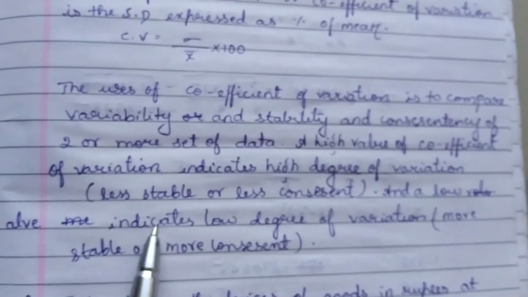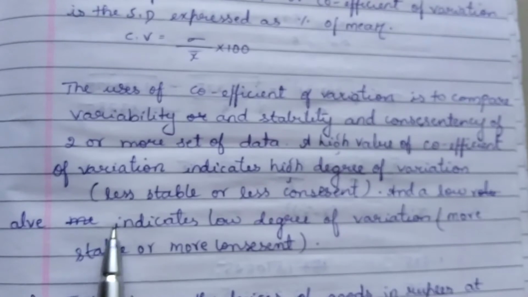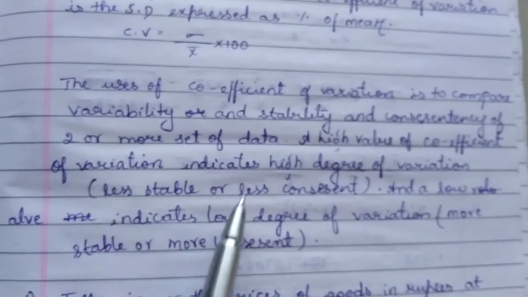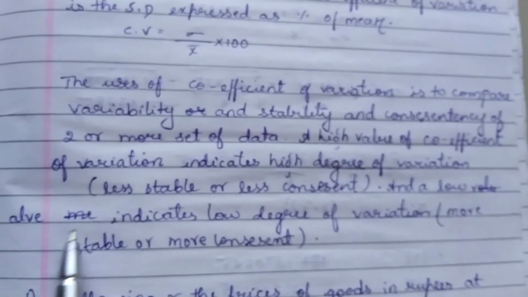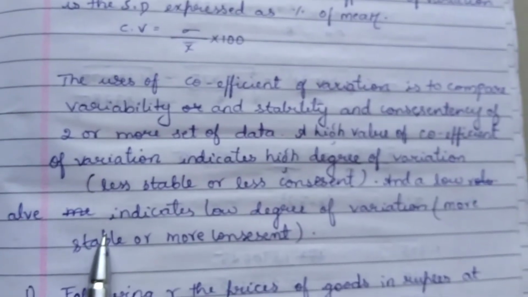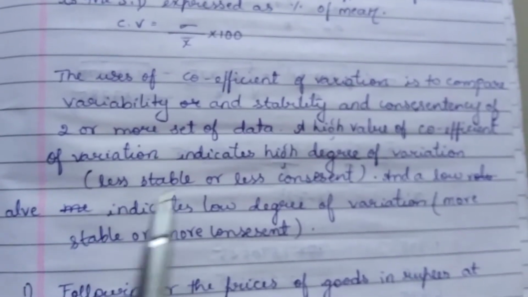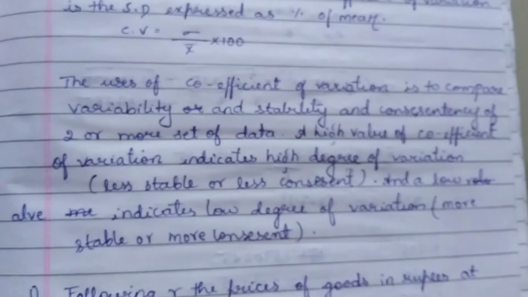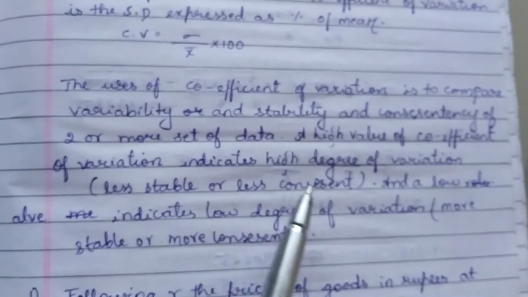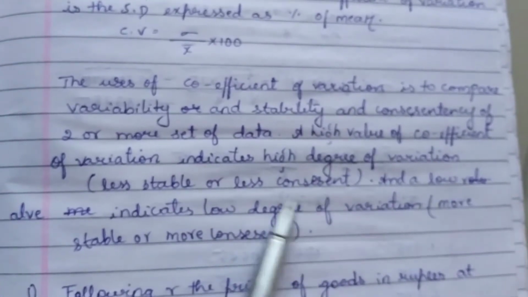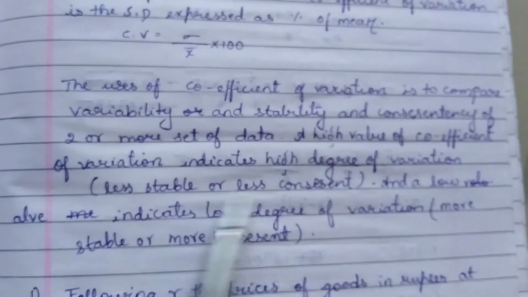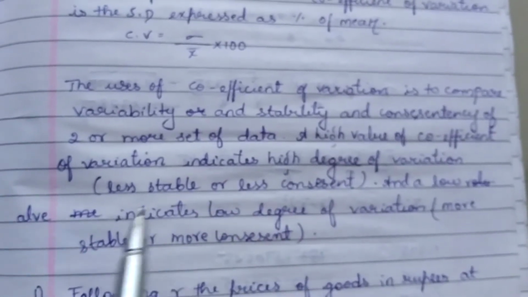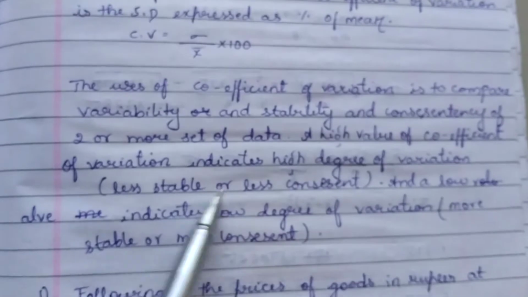For example, the marks scored by a student in first sem, second sem, third sem, fourth sem. In the first sem he scored 60, in the second sem 62, whereas in the third sem he scored only 45, then in the fourth sem he scored 61. After looking at it, we can see that in the third sem he has less.